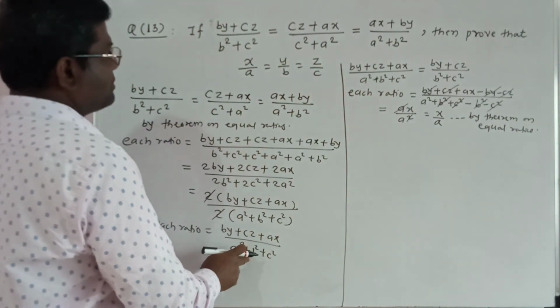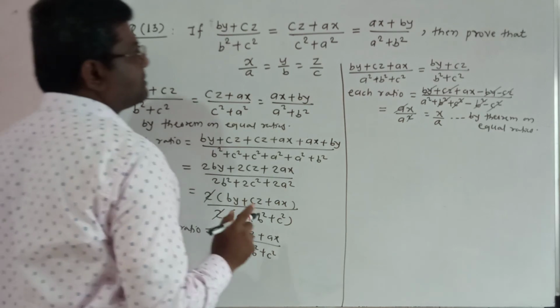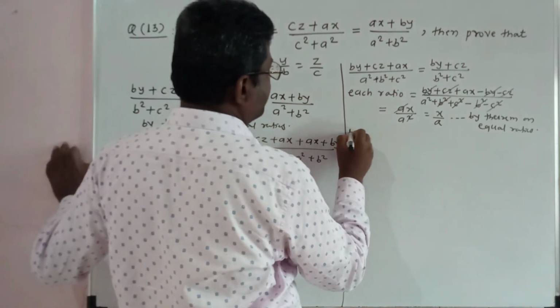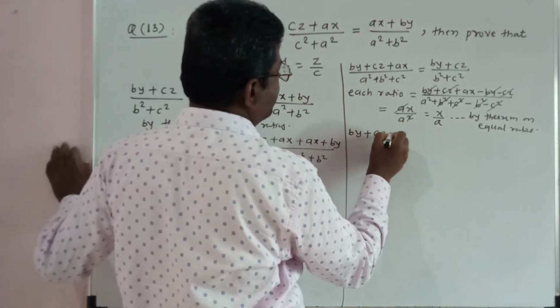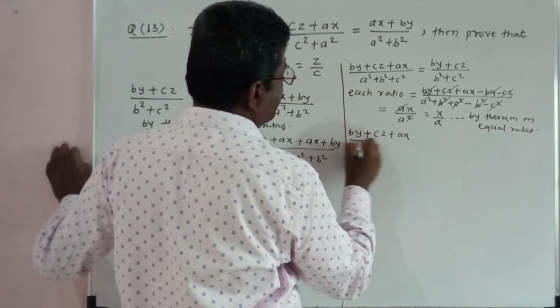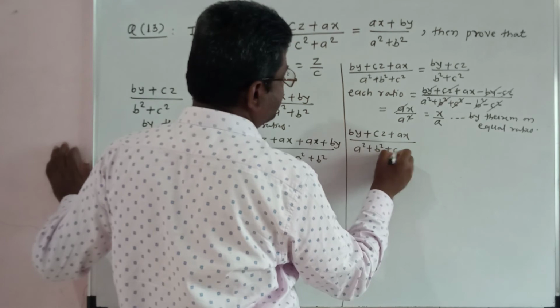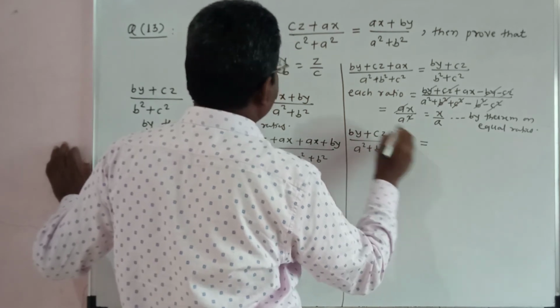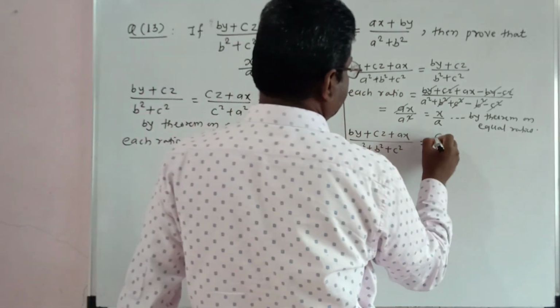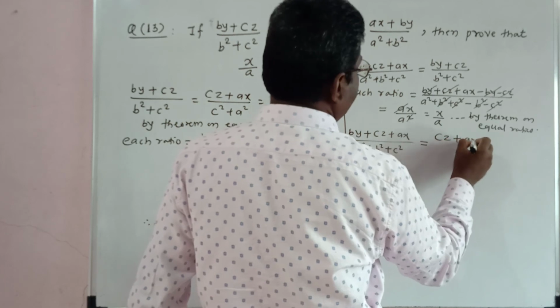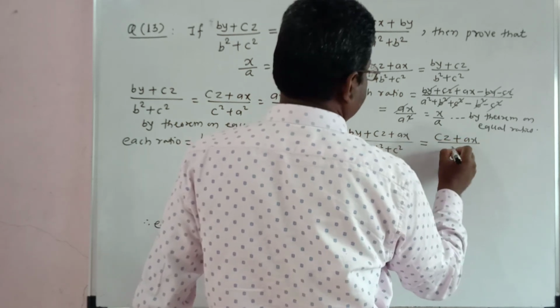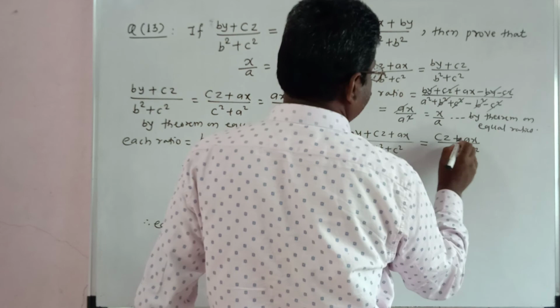Now this ratio is equal to this ratio. Therefore (by plus cz plus ax) upon (a square plus b square plus c square) is equal to this ratio, (cz plus ax) upon (c square plus a square).